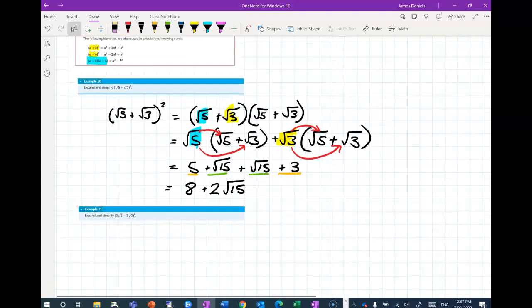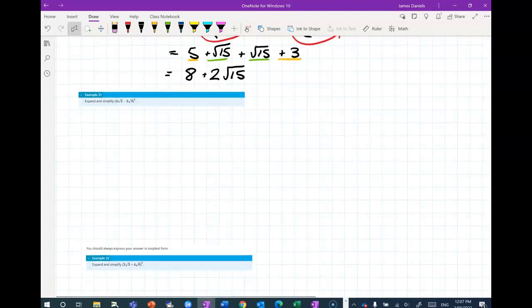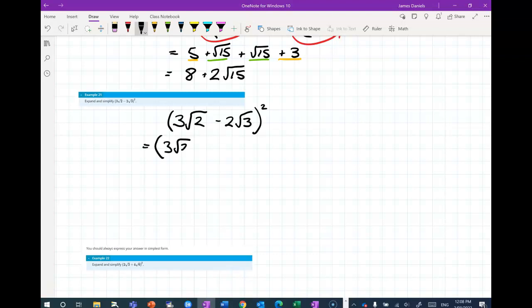All right, we'll have a look at another example. 3 square root 2 minus 2 square root 3 all squared. So knowing that, we can rewrite it as 3 square root 2 minus 2 square root 3 times by itself, 3 square root 2 minus 2 square root 3.